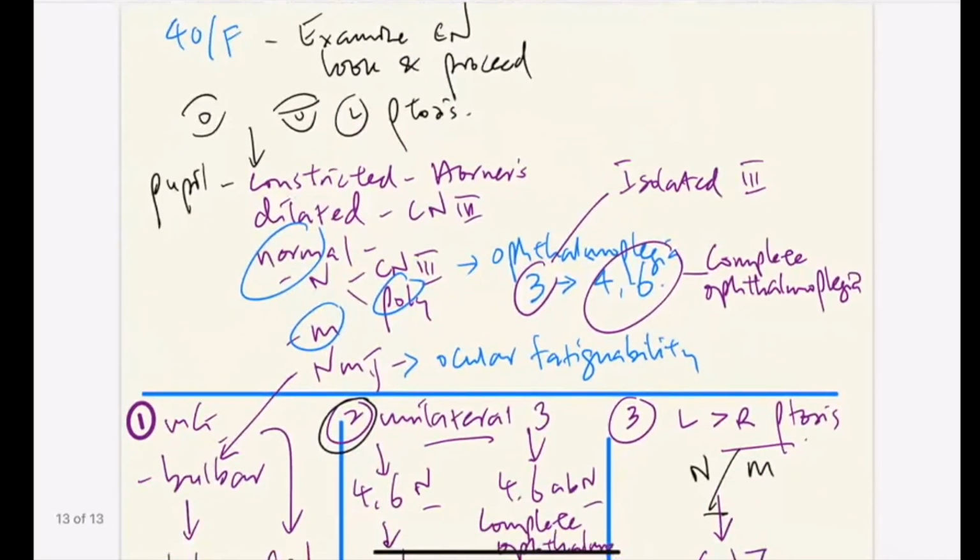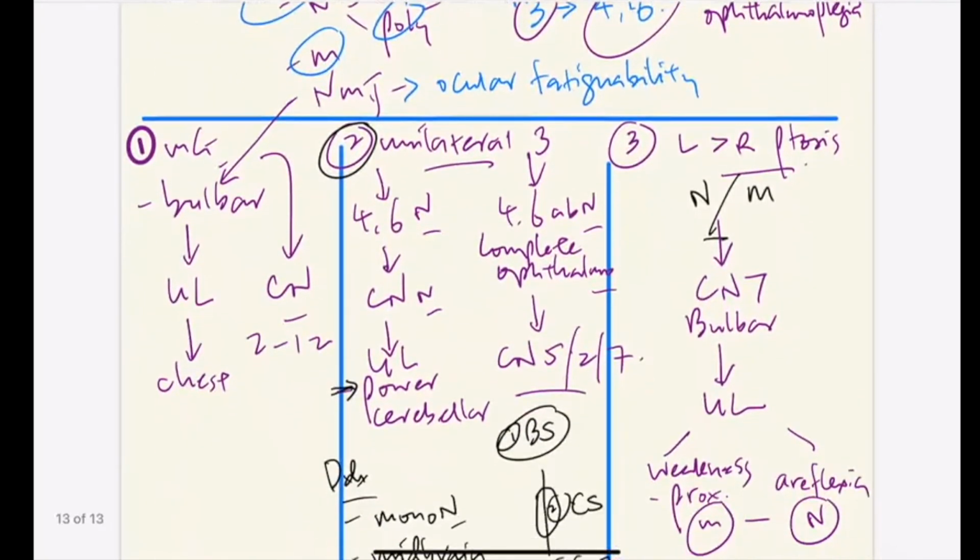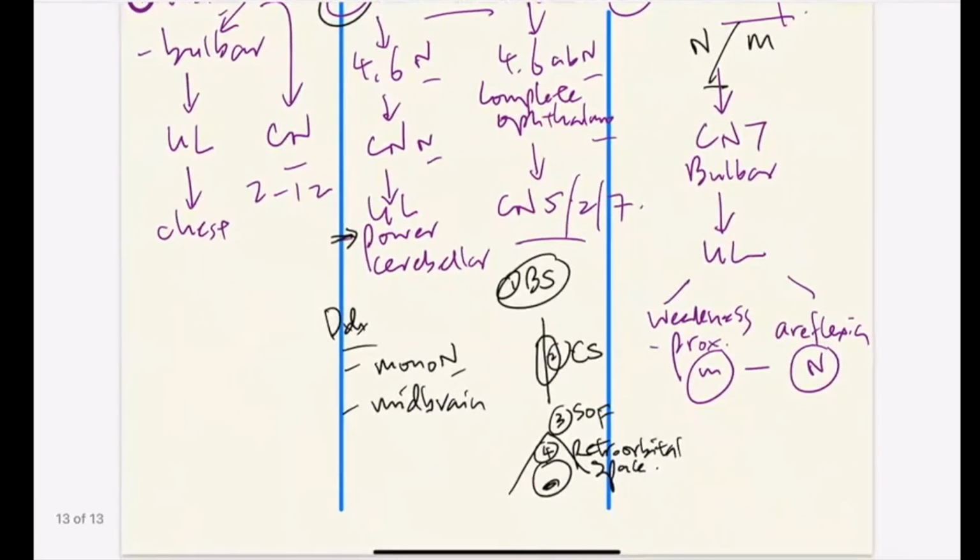This 40 year old female was noted to have left ptosis associated with a dilated pupil, and there were restrictions to the upward and medial gaze, indicating a complete third nerve palsy. There was no fourth and sixth nerve involvement, and other cranial nerves were normal. On further examination of the upper limb, there was right-sided hemiparesis. Therefore, the lesion is likely at the left midbrain, and the likely etiology is stroke.